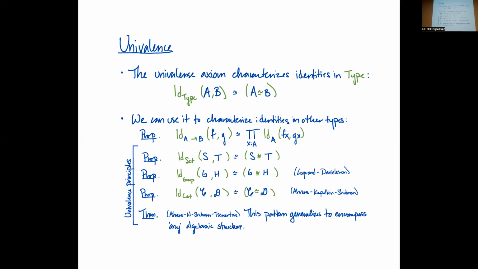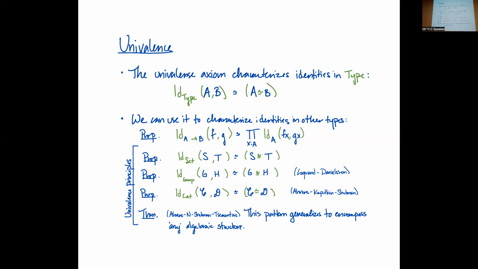And then if we start looking at types of algebraic objects, we also get nice characterizations. So the equivalence axiom, we analyze what it is saying for two types that happen to be sets. It's saying that the identity type between two types that are sets is equivalent to the type of bijections between S and T.